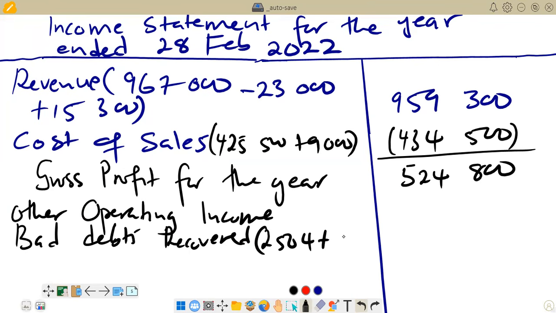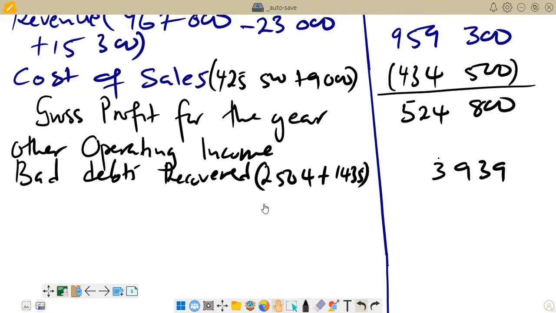Then we add 1,435. So if you add the two, you get the total for bad debts recovered. That is 3,939. So that's what we have in terms of bad debts recovered.